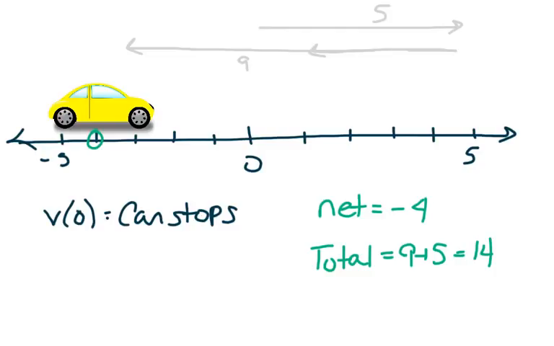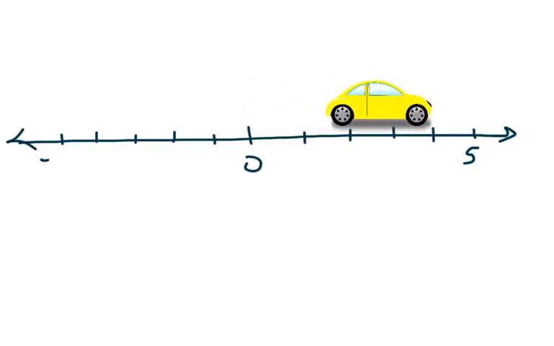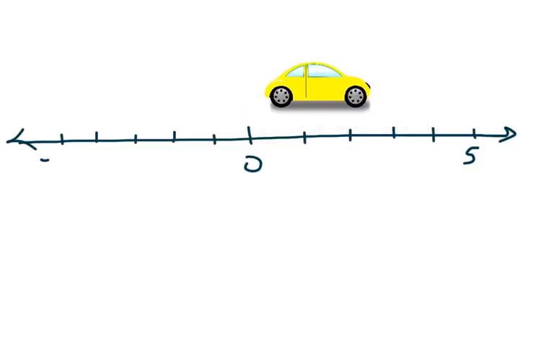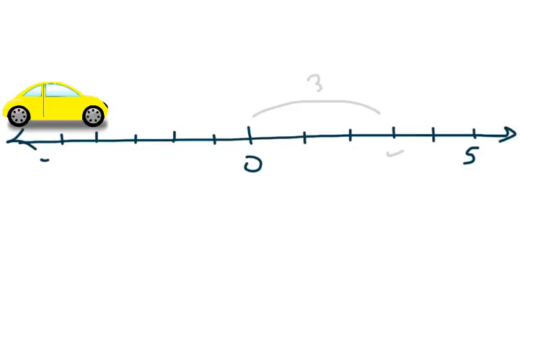I'm going to go through another example just to make sure this makes sense. So here's that car again. I'm going to have the car go over 3 units. Then I'm going to have it go back to negative 5. So the car went 3 units, and then it went back to negative 5.